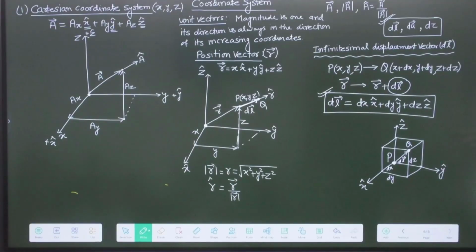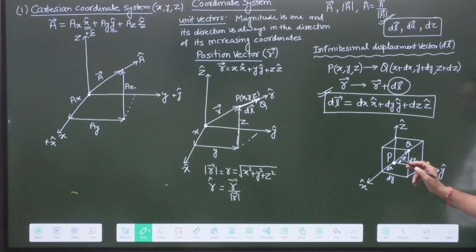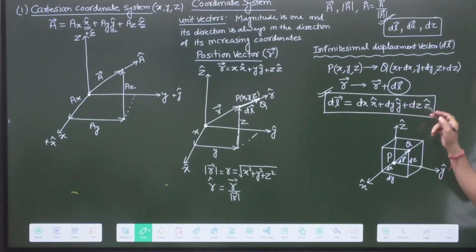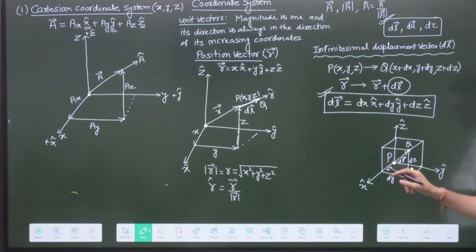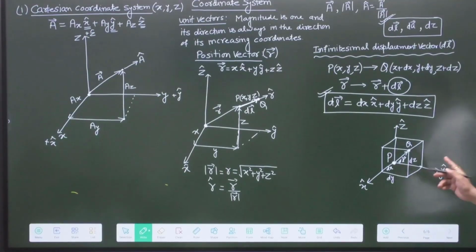Now you can visualize this dl in component form. So how will you write dl vector? Just like r, dl has three components: dx, dy, dz. So that is dx x cap, dy y cap, dz z cap. So if you can visualize this elemental cube, you can easily see dl in its component form. Clear? So draw this picture.